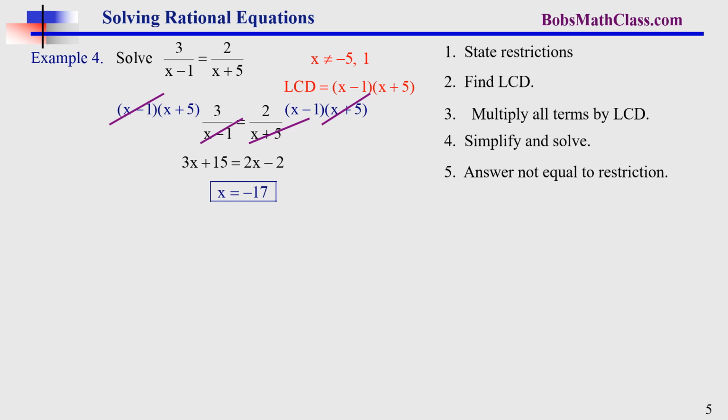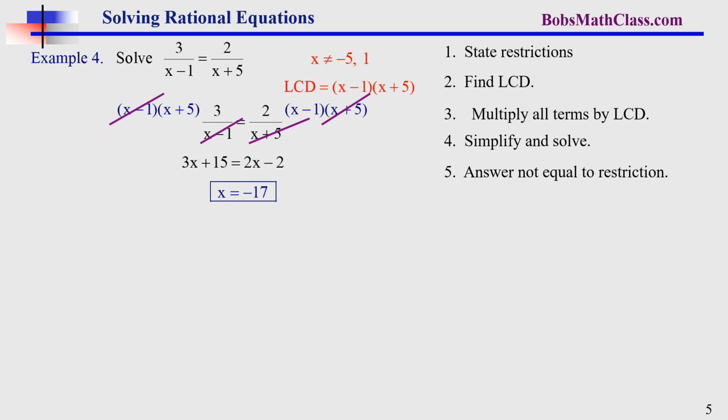And that answer is not equal to our restrictions, right? As long as we don't get negative 5 or 1, we're good. If we did get x equals negative 5 or x equals 1, we would have to cross it out. So if we got x equals negative 5, we would cross it out. It would be no solution.